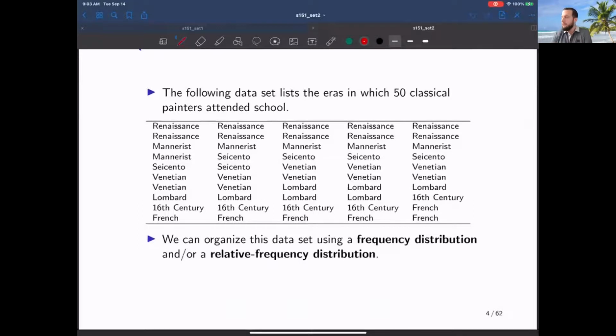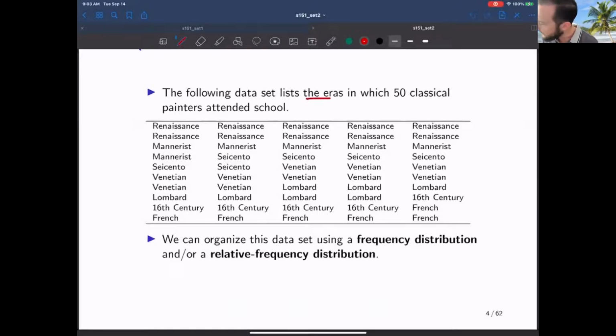On slide 4 of lecture set number 2, we have a qualitative data set. In this data set, we are observing the era in which a classical painter went to school.